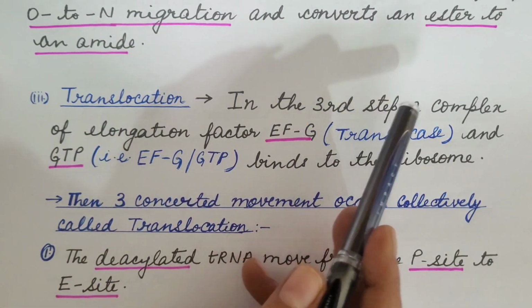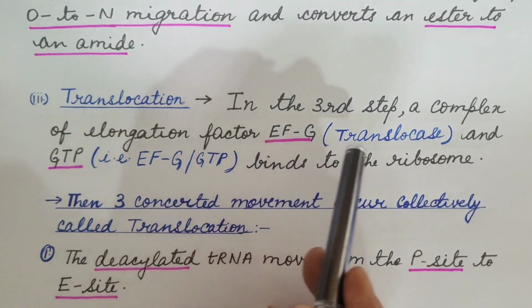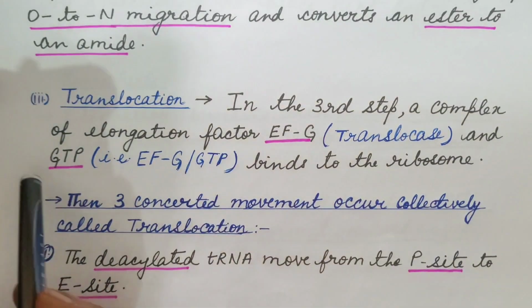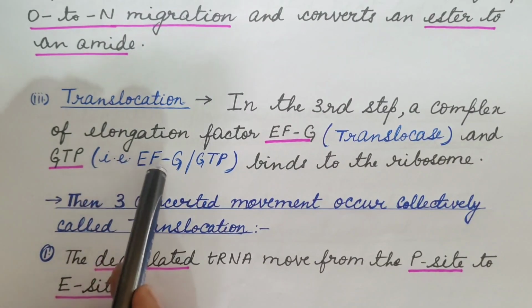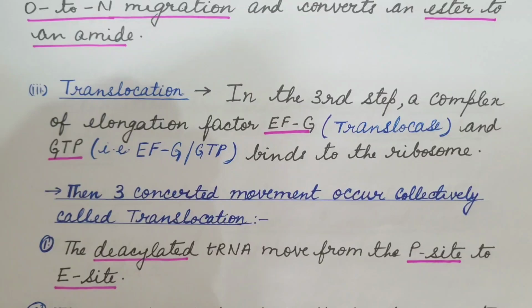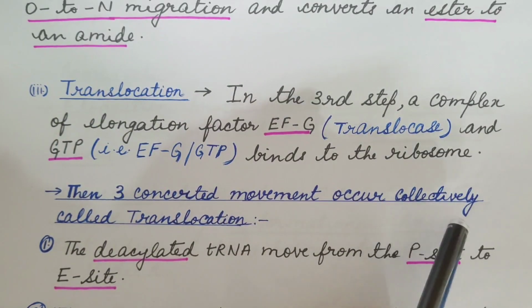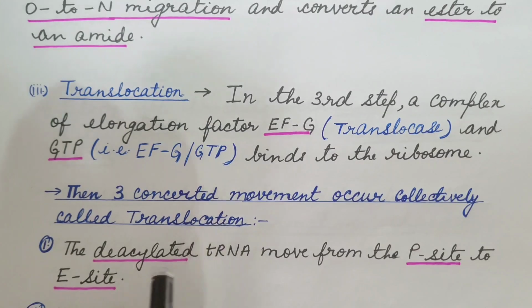In the third step, a complex of elongation factor EF-G, which is also known as translocase, and GTP, that is EF-G GTP, binds to the ribosome, and after binding, three concerted movements occur, collectively called translocation.